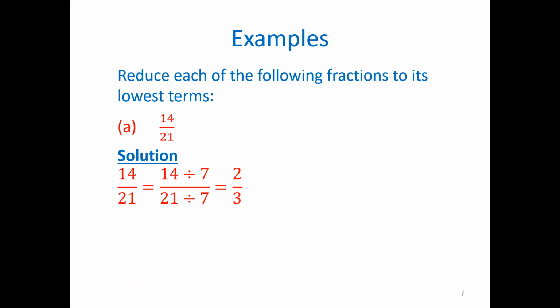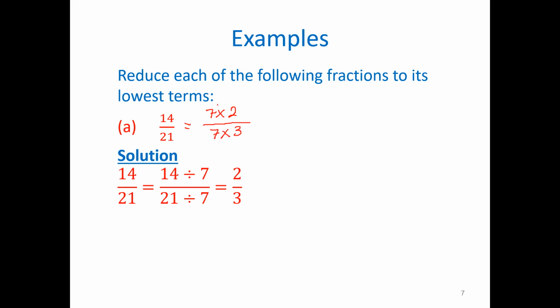You can factorize, as we learned in the previous topic, 14 into its prime factors. So 14 is 7 multiplied by 2, and 21 is 7 multiplied by 3. If we divide the numerator by 7 and the denominator by 7, you will get 2 over 3.